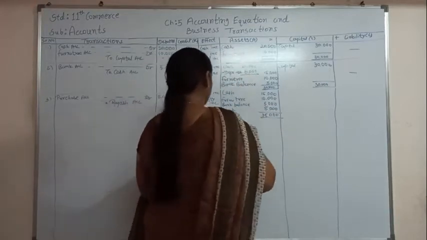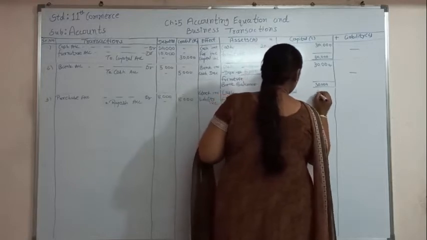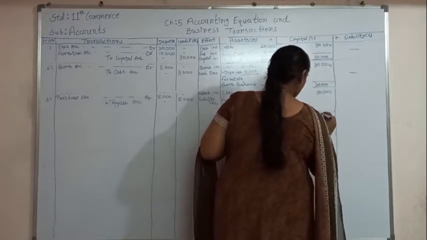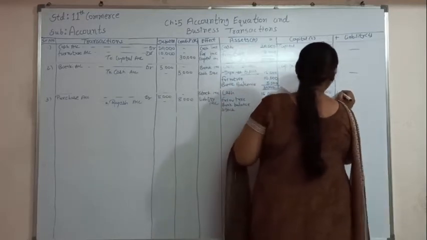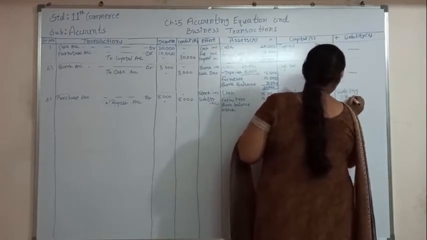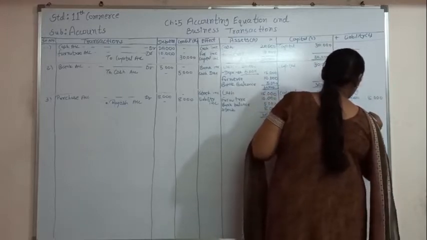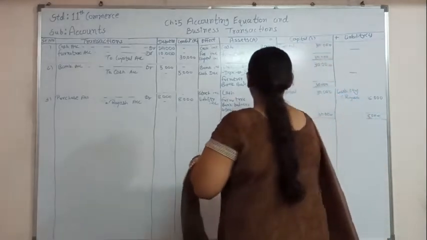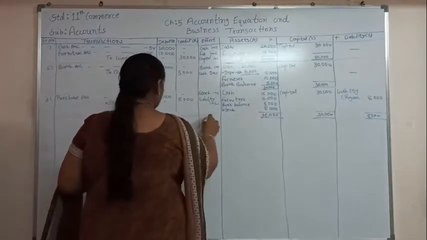And here capital will be 30,000. So that is also 30,000. And here again liability of Rajesh, and it will be 8,000. So that we are going to write down like this, and here we are going to finish the transaction.